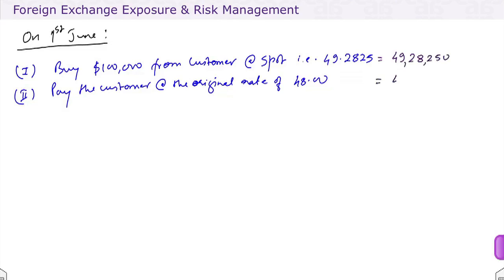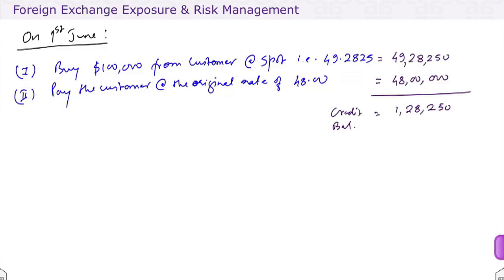Here it is 48 lakhs. So the net effect that we are seeing in this case is that there would be a credit balance of how much? 1,28,250. There will be a credit balance of 1,28,250 in the customer's account.